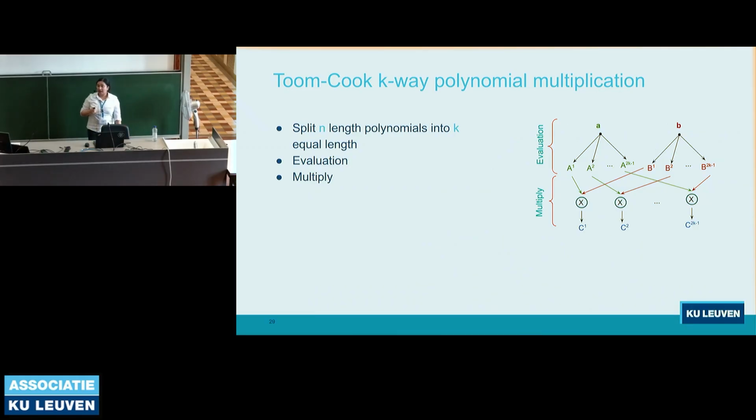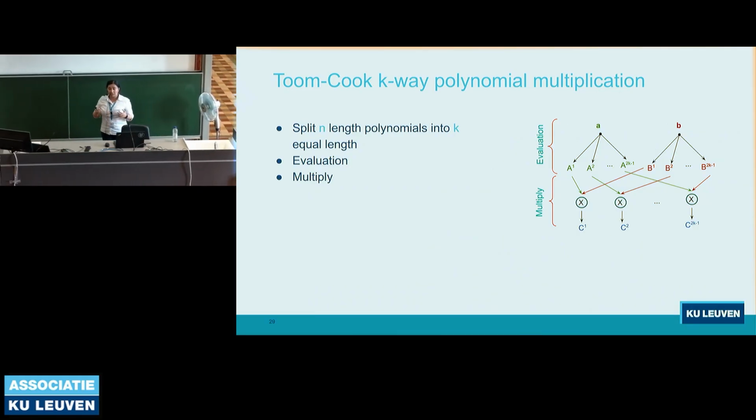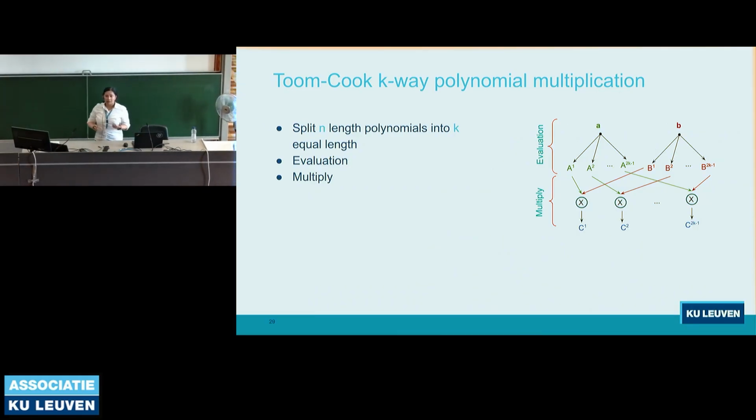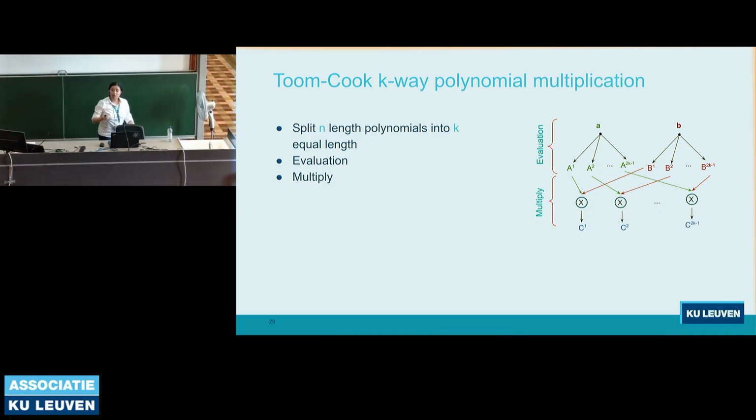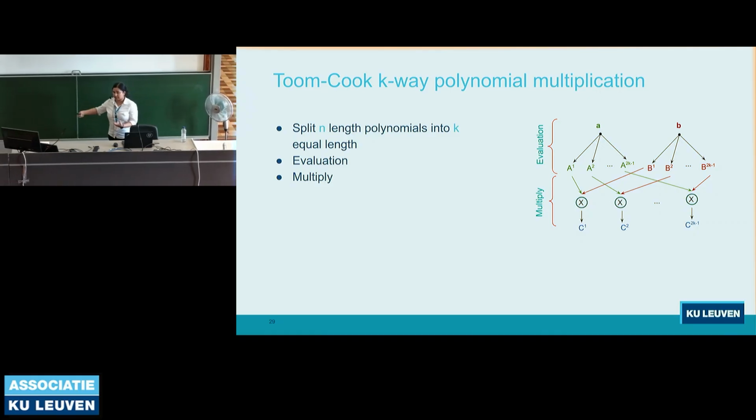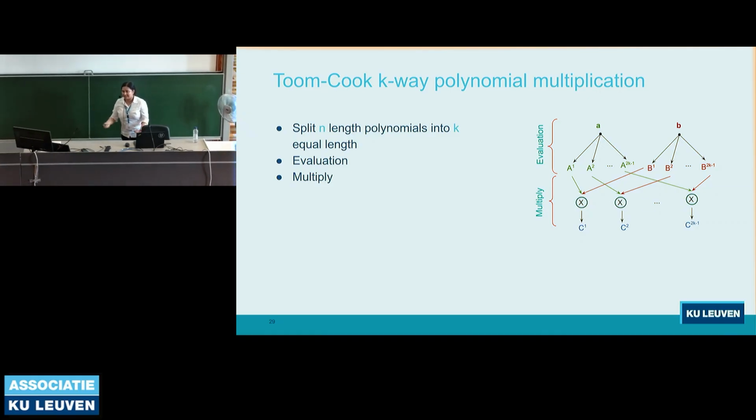After that, I will multiply them. I can use any type of multiplication on them: school book, multiple levels of school book, or Karatsuba. But here we will consider school book multiplication. Or we can also keep repeating Toom-Cook 4-way multiplication until we cannot anymore.